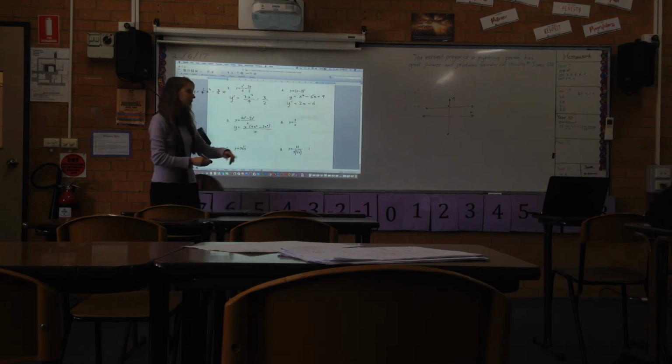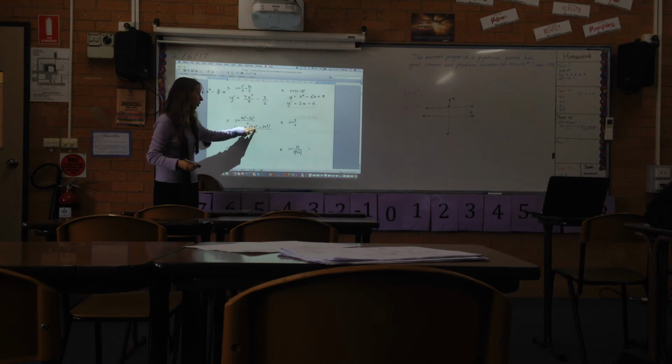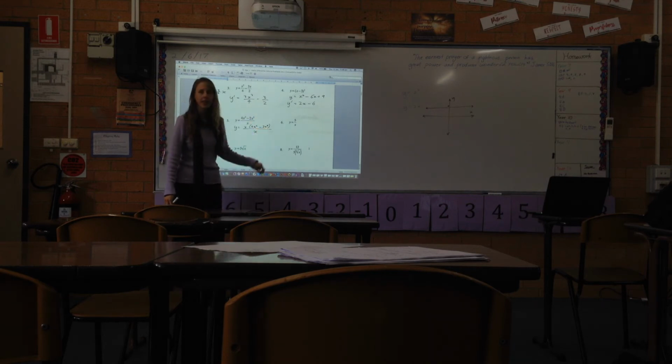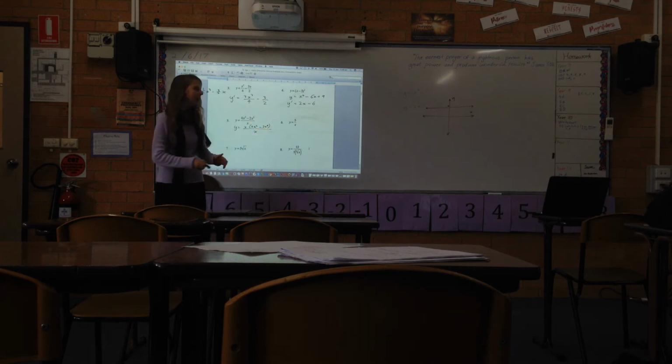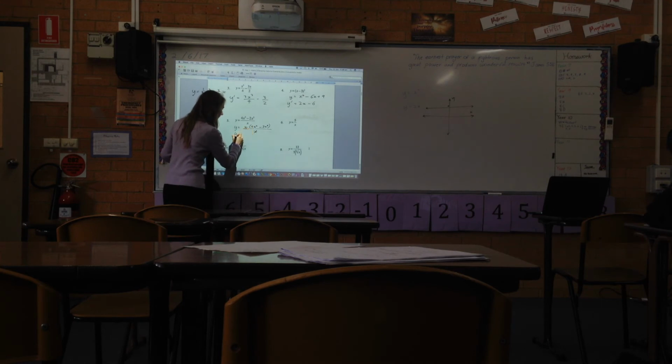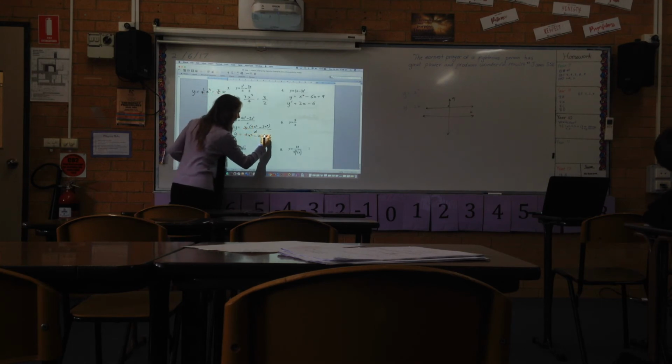All I've done is bring an x out the front. Are we all happy with that? So my x cubed is now x squared, x to the power of 5 is now x to the power of 4, and then you just cancel. So now y equals 4x squared minus 2x.